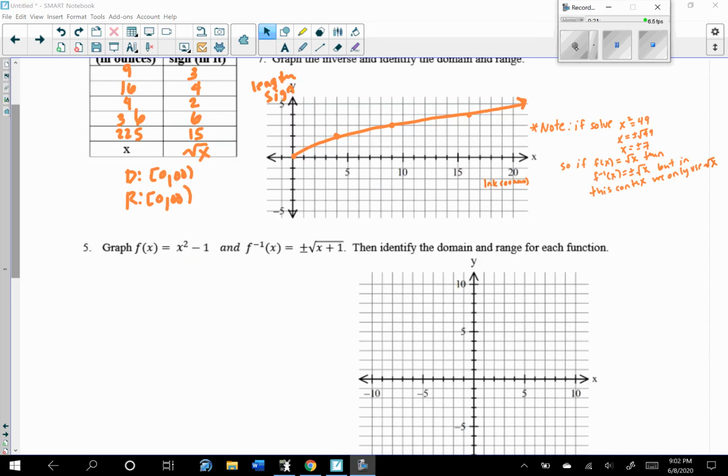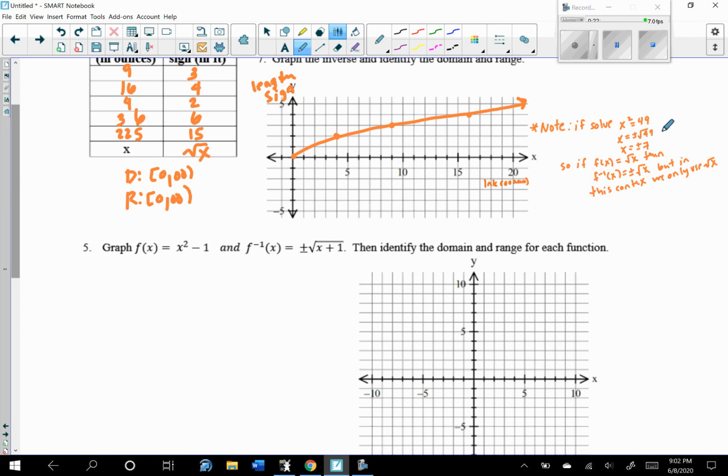Now I just want to make a note real quick that if you were to solve this equation right here, x squared equals 49, we know to get rid of the power of 2, we learned last year that we take the square root of both sides. And when you take the square root of both sides and get rid of that even power, you need plus or minus. So if I take this plus or minus square root of 49, I get plus or minus 7.